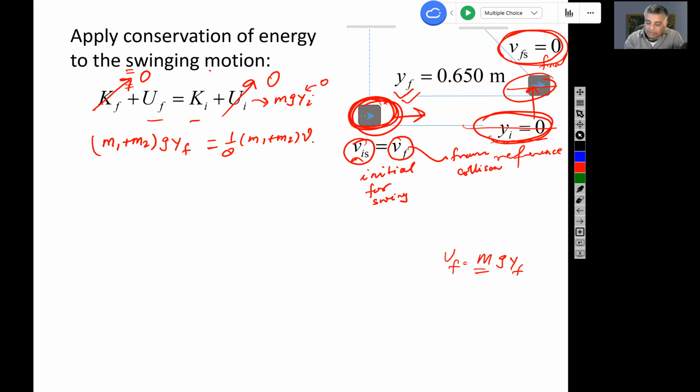So now vi squared. For the swing, that's the initial kinetic energy, but that is the final speed for the collision, and that's what we are looking for, vf. One thing I can see is (m1 plus m2) inside parentheses on both sides.